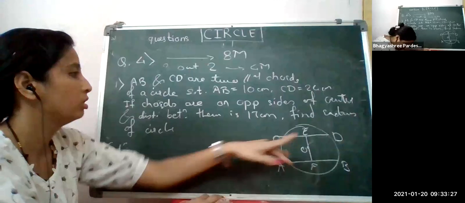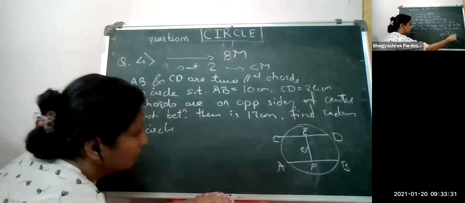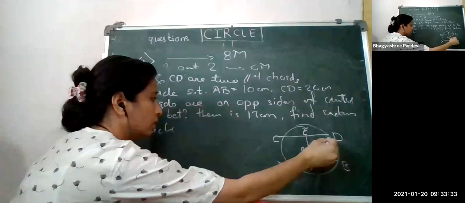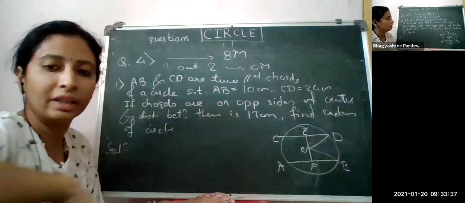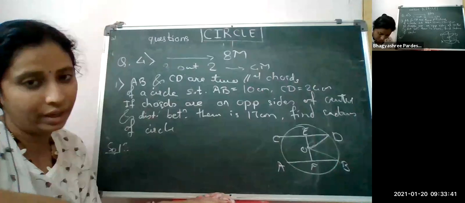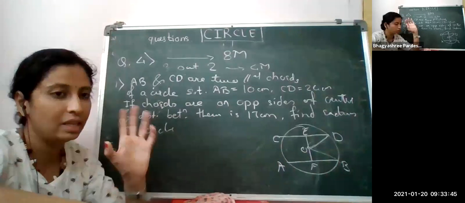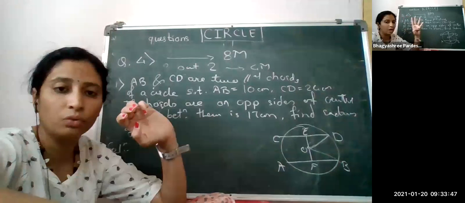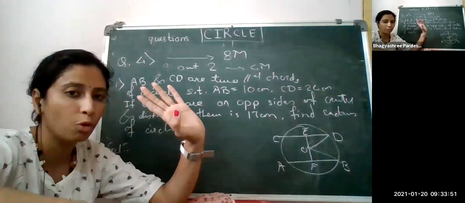We have to find the radius. What do we have to find? The radius, that means OD, or I can say OB. We have to find this one. How to do this? Can anyone say? Simply, students, this is an activity. This is out of the textbook and carries 4 marks. Since it is for 4 marks, you have to write the given properly.